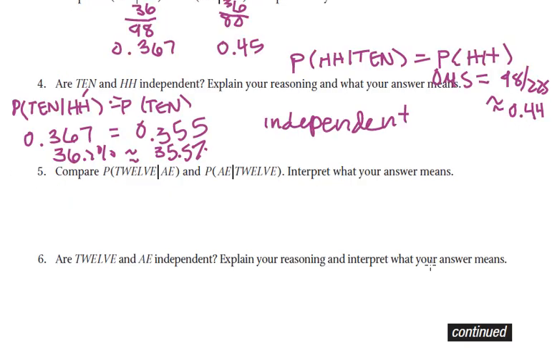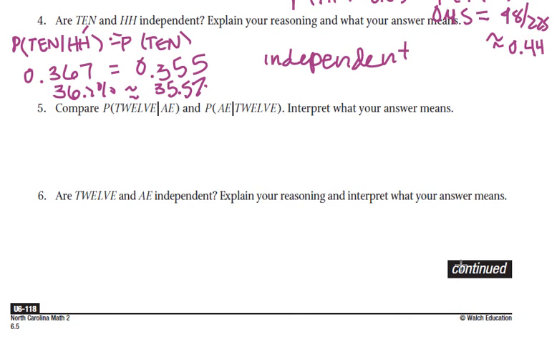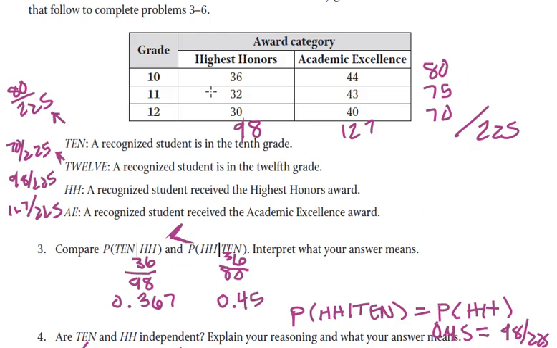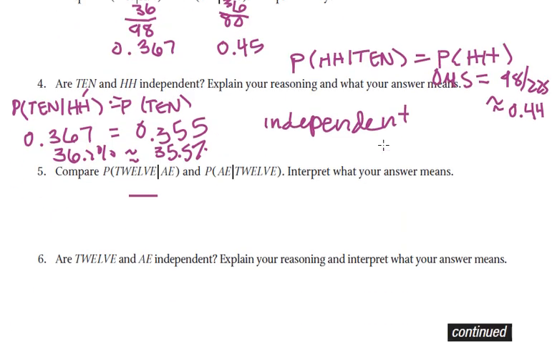So looking over at number 5 here, we're going to compare the probability that they are in 12th grade given they have academic achievement. The academic achievement there is 127, 12th grade, so that's 40 over 127, and that's going to be approximately 0.315.